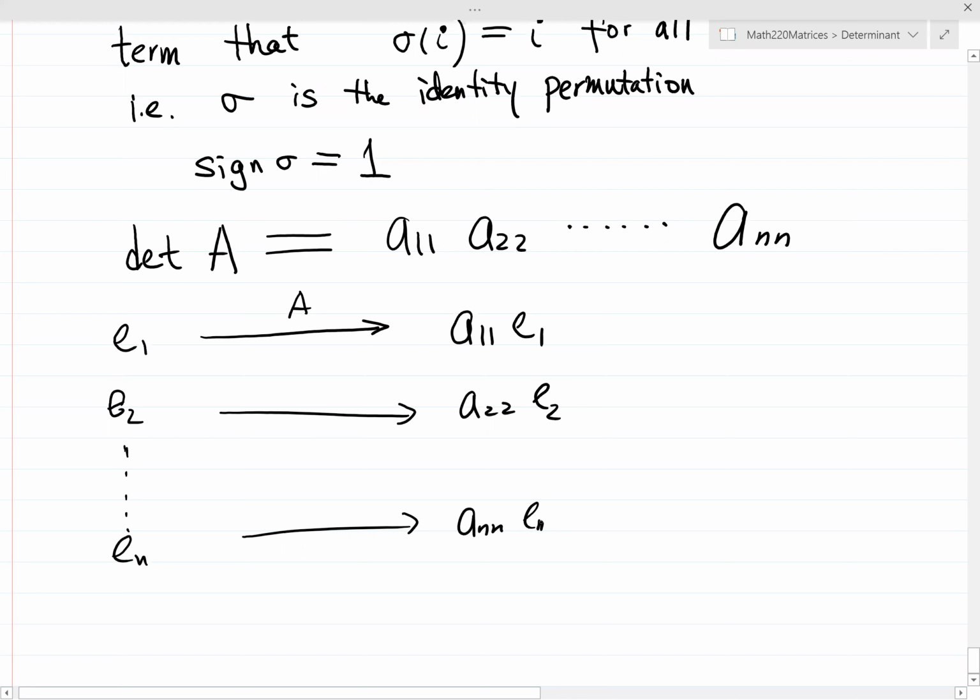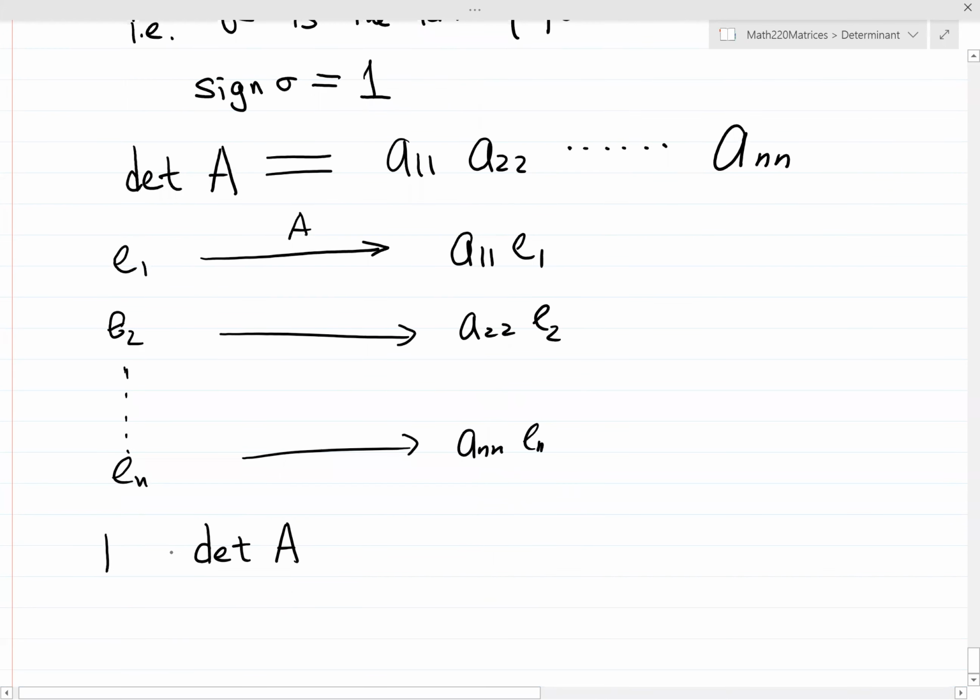Remember, determinant is plus or minus the volume. Determinant tells us how the volume changes. So the volume of this n-box, which is 1, goes to the absolute value of the determinant of this matrix A. So this will be the absolute value of A11 A22 ... A_NN, which is the product of the reskew factors, in absolute value.